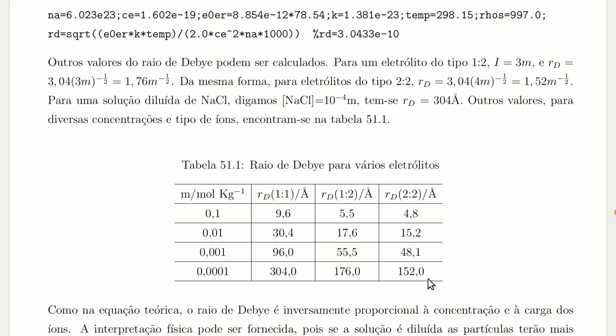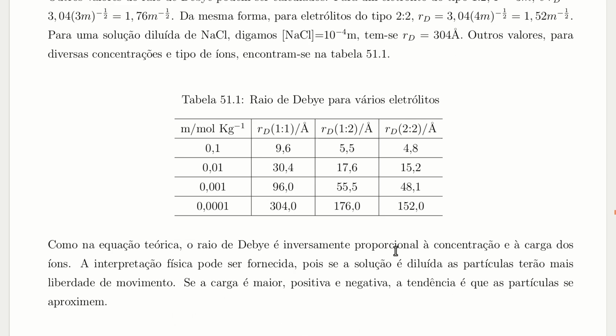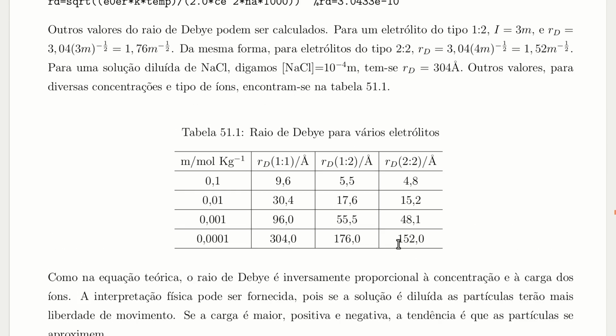So in this region here, the Debye radius is going to be very large. And consequently, if the Debye radius is very large, kappa is going to be small, and the range of the potential is going to be large again.